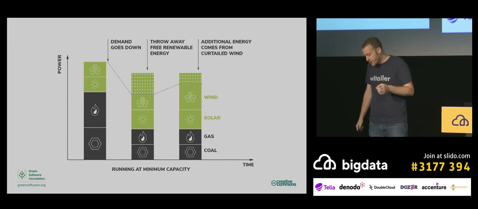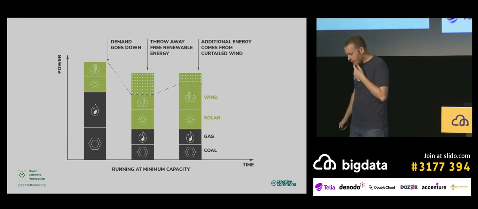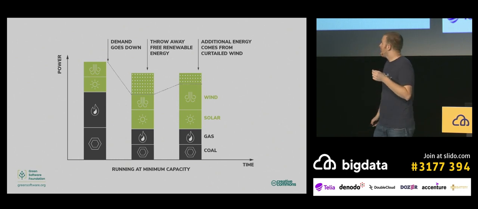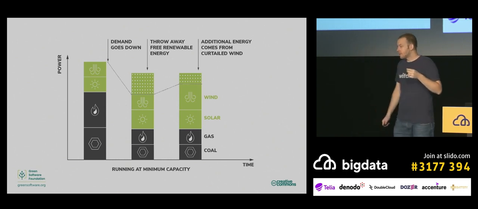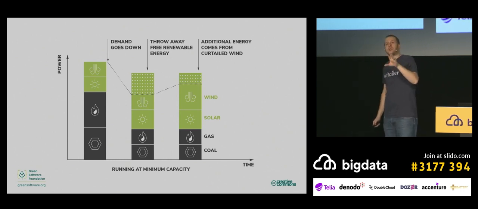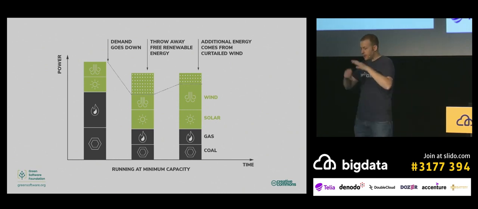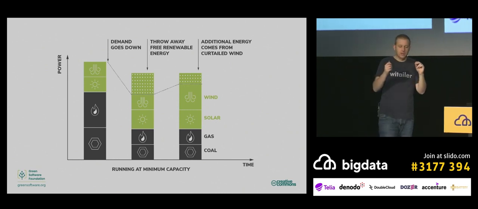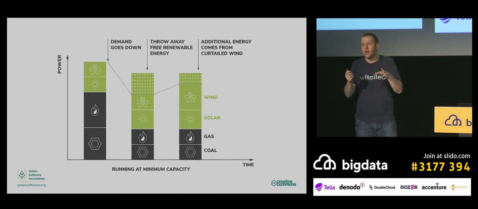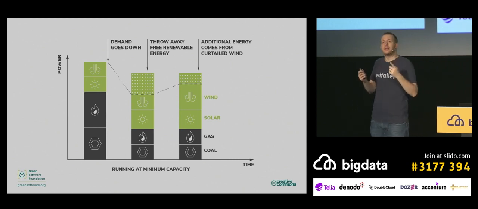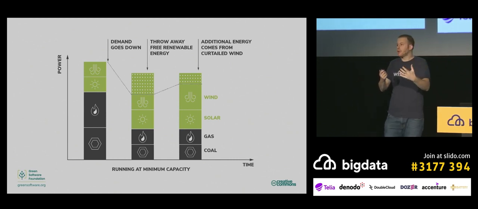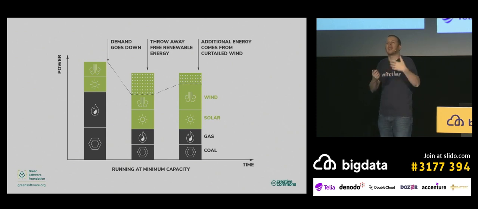Another concept that is related to carbon awareness is curtailment. It's quite hard to connect all the dots about energy production, but what I learned is that a factory that produces energy can never stop.